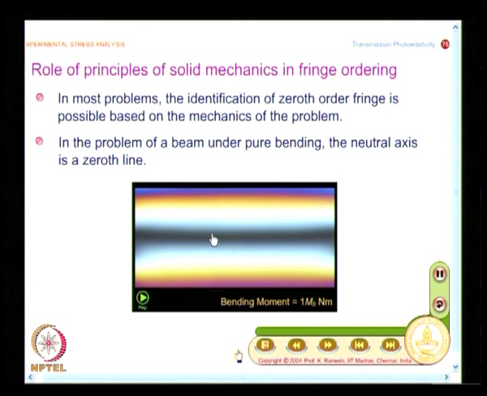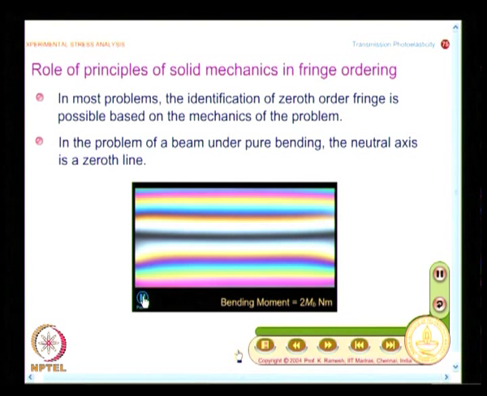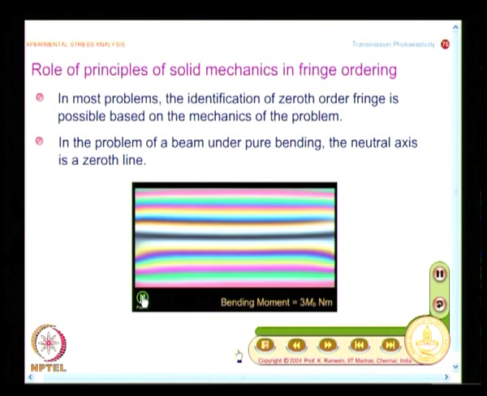Now, you have seen this amply clear for the case of a ring under diametrical compression. Now, I increase the load, the density increases in this zone, whereas fringe order 1 has moved, fringe order 2 has appeared, but fringe order 0 does not move. This is a very important observation.